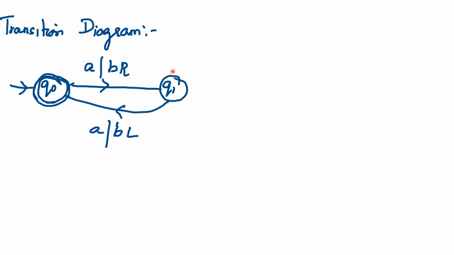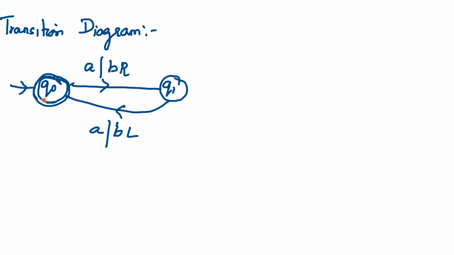Again, if you are reading Q1 A, we have to move towards Q0 and left. So that's your direction. The same scenario will be applicable for any even number of A's: 2A, 4A, so like that.